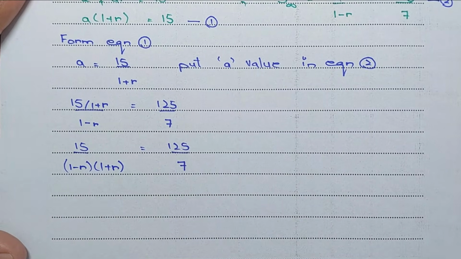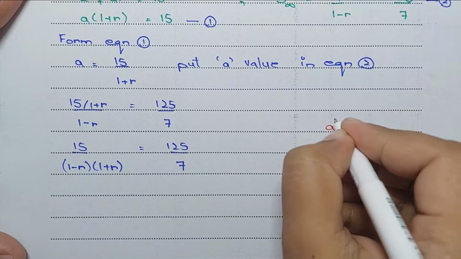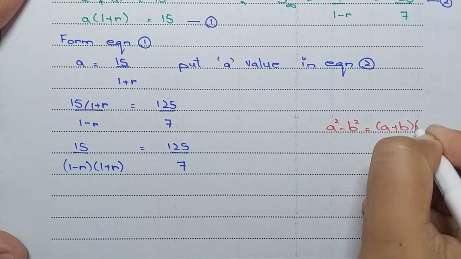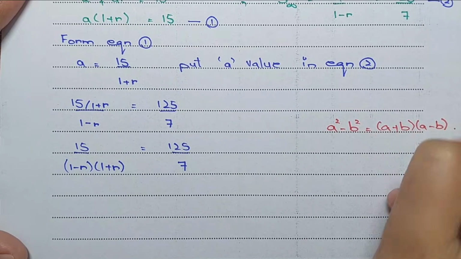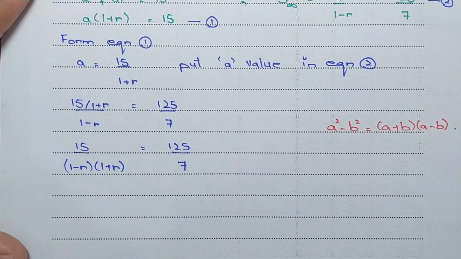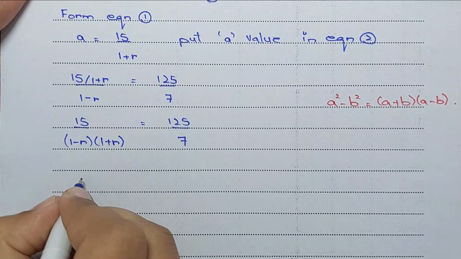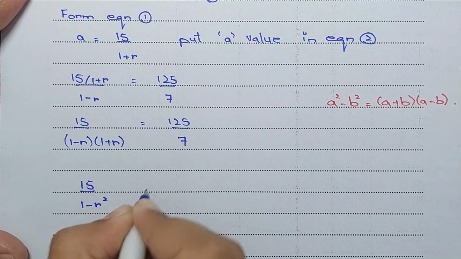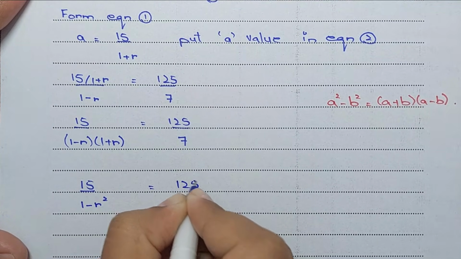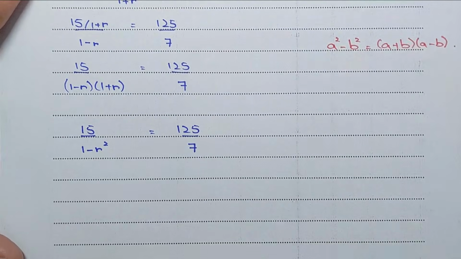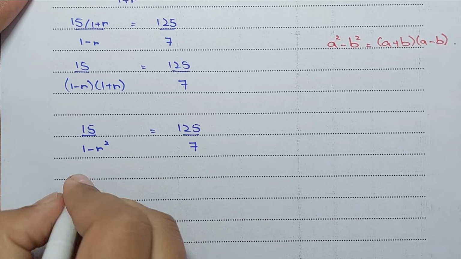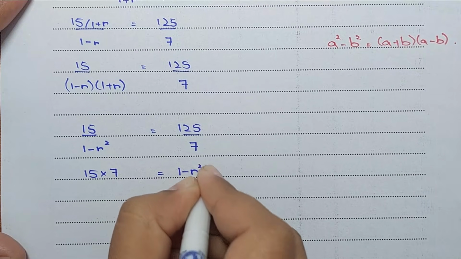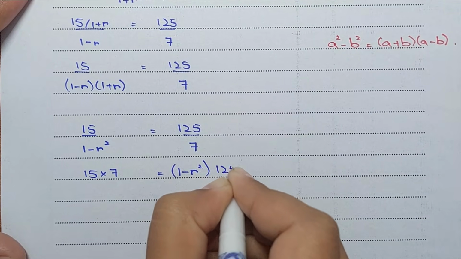Here we use the difference of squares formula, which is a square minus b square equals a plus b into a minus b. So a is 1 and b is r. (1 plus r)(1 minus r) is 1 minus r square. So 15 over 1 minus r square equals 125 over 7. Okay, now we can do a cross multiplication. 15 is multiplying with 7 and 1 minus r square is multiplying with 125.